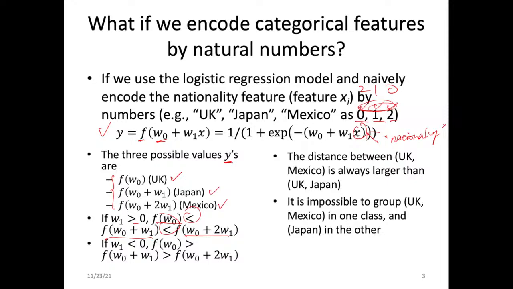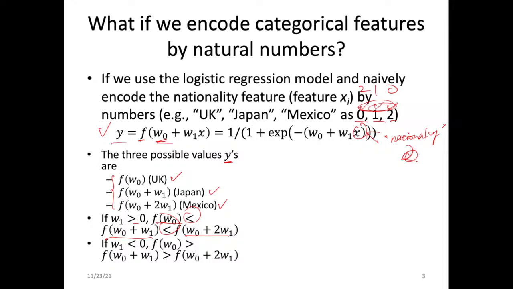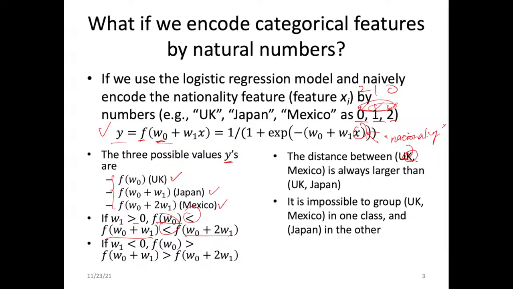But if we use one-hot encoding, then the distance between each pair of these will be identical. And if we use logistic regression, for example, with one-hot encoding, then y hat becomes 1 divided by 1 plus e to the power of negative (W0 plus W1 x1 plus W2 x2 plus W3 x3).